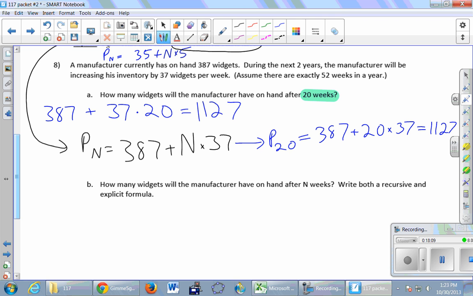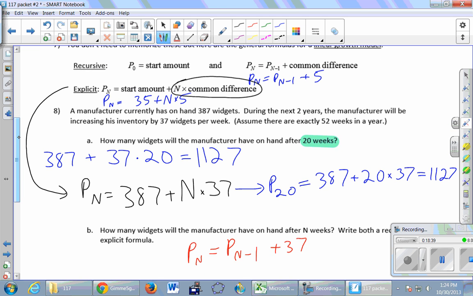Is that black formula explicit or recursive? That's explicit. So we still need to write the recursive one. My recursive formulas almost always start exactly like this: Pn equals Pn minus 1 and then something. To get the current one, look at last week's, and then we plus 37. Just take whatever you had last week and add 37.